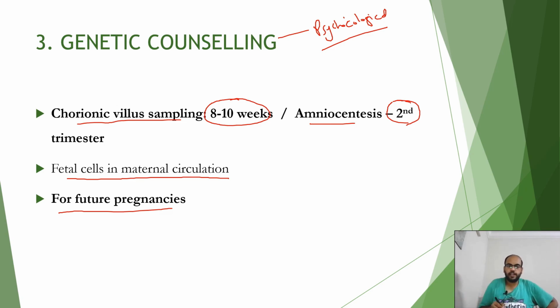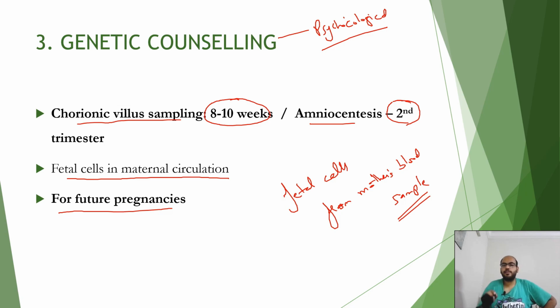So we are taking fetal cells from the mother's blood sample, and then we look at the genetic material and see if there's any mutation or not. But remember, genetic counseling and genetic testing are only for future pregnancies, not the current one.